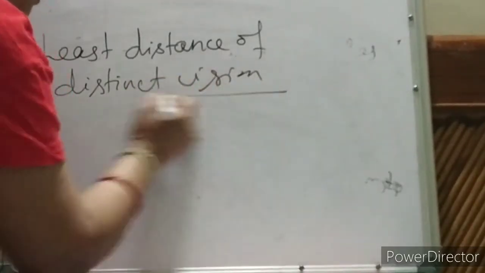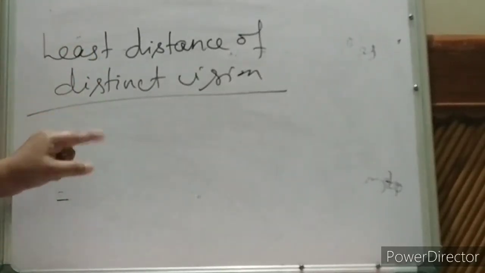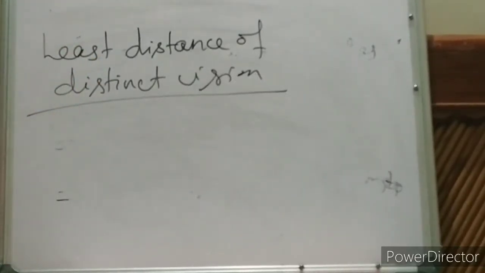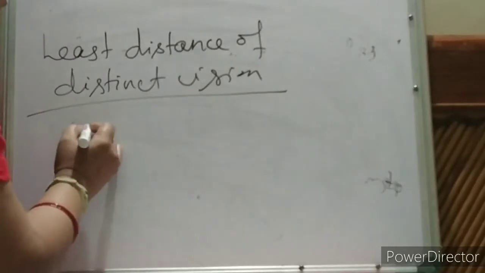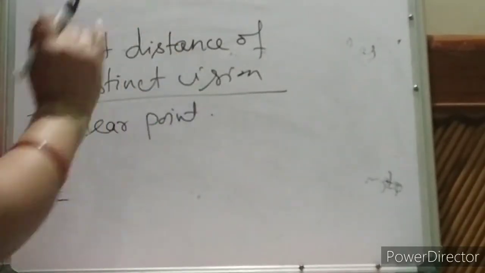This is very easy. It is the minimum distance for which the lens can focus the image on the retina. And that distance is called least distance of distinct vision. This distance is called the near point.